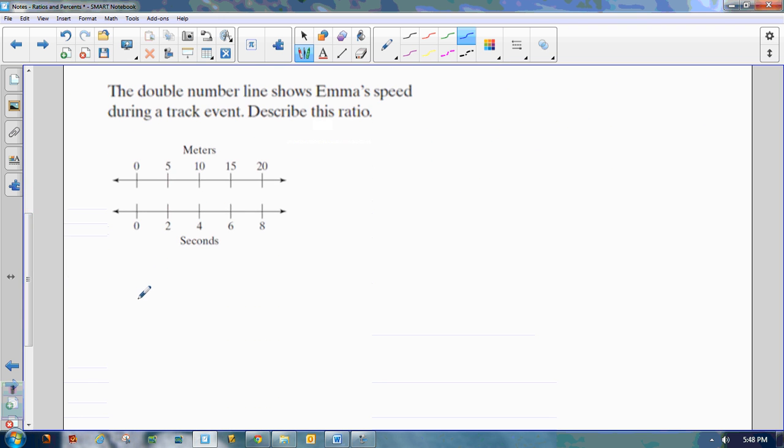Our last example is the double number line that shows Emma's speed during a track event. Describe this ratio. Now, they didn't tell us that we had to do so many meters or so many seconds.